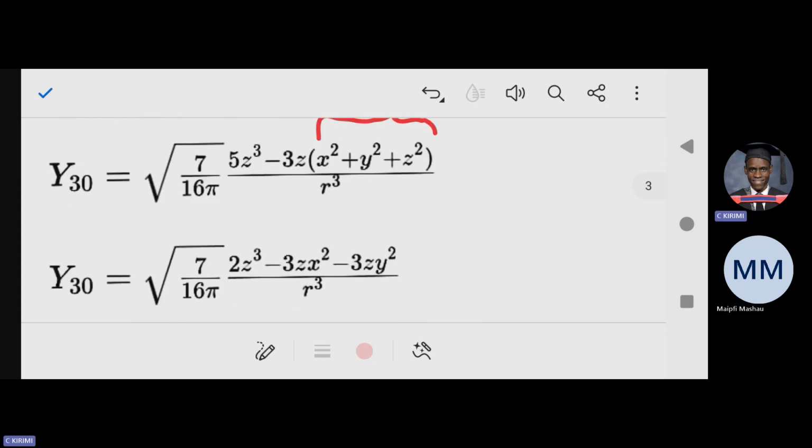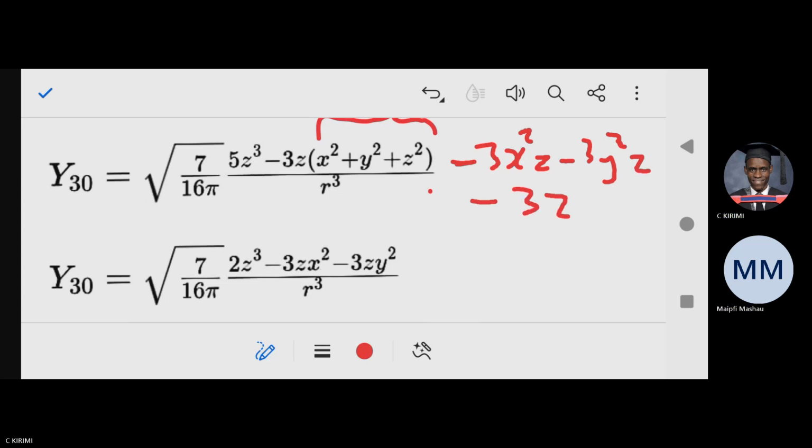You group the like terms together. This is 5z cubed, which means if you expand properly, it must give you minus 5z squared, minus 3x squared z, then minus 3y squared z, then also minus 3z cubed, and everything is being subtracted from 5.